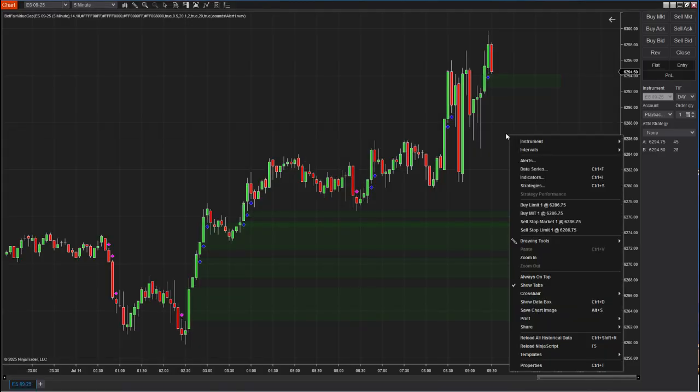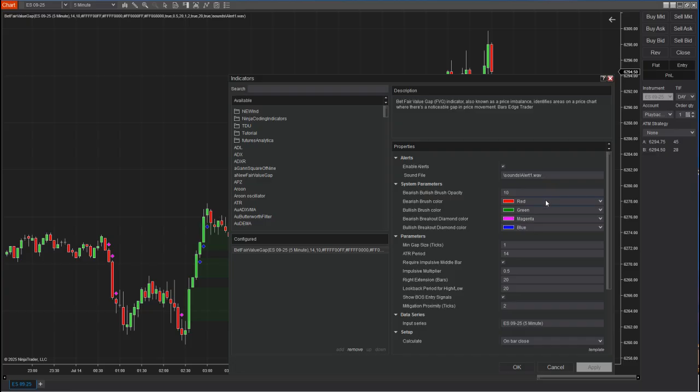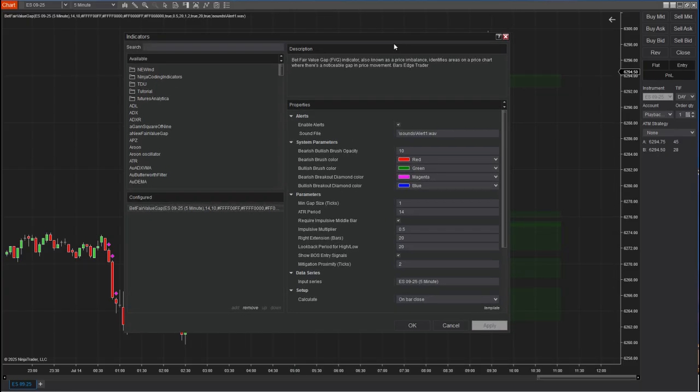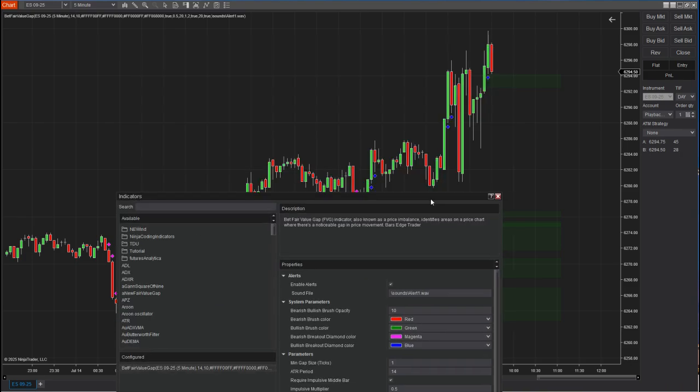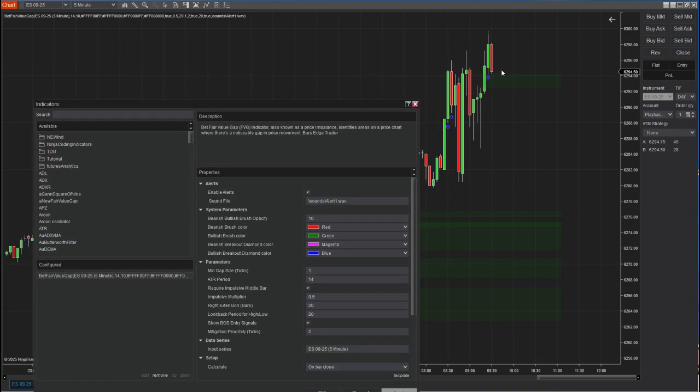So real quick, this is the indicator. We can have alerts basically on did we build a gap in one direction or the other. Also, alerts will be on these cute little diamonds. Show you here. So we have a blue diamond that's indicating that we have gone above the gap.